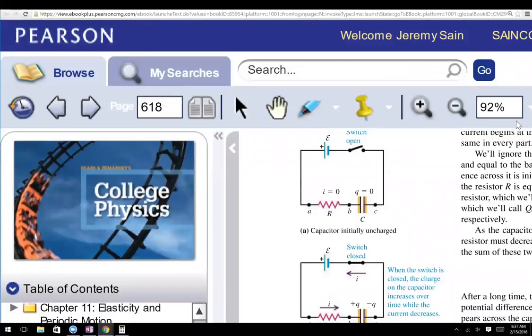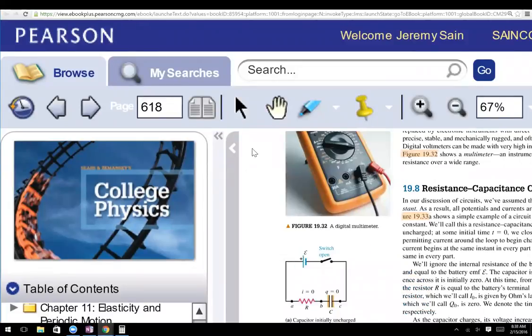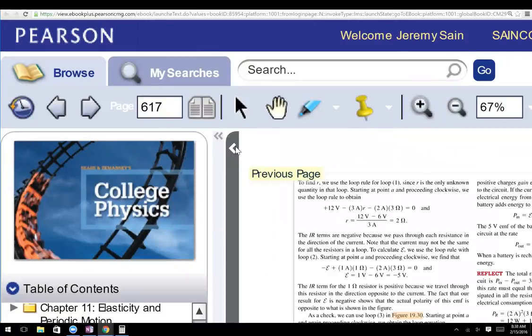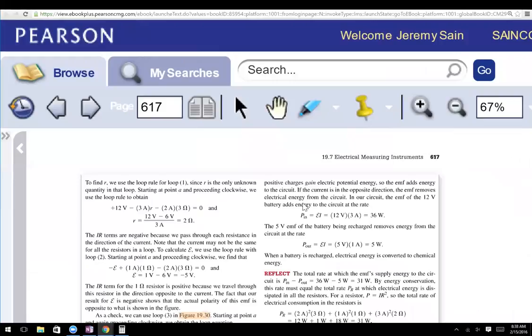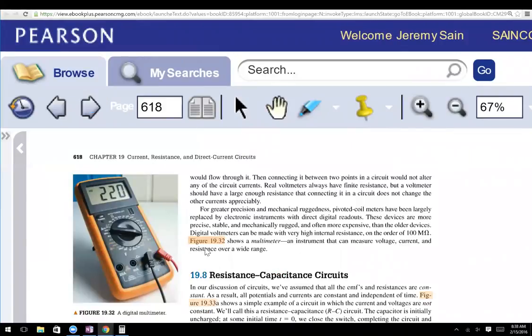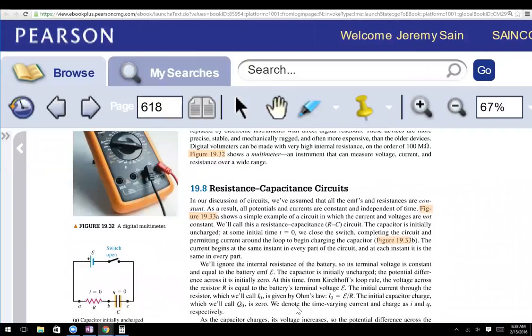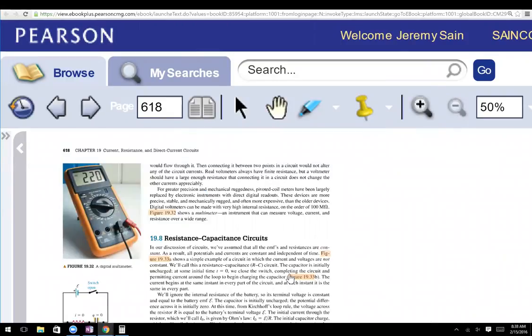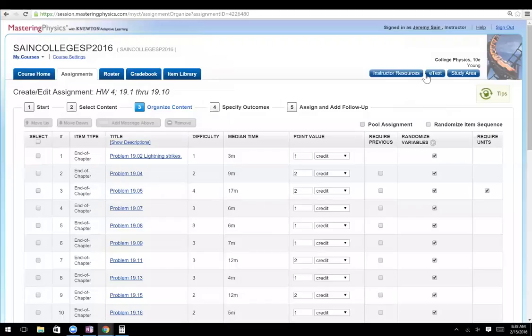Let's make it regular size again. Let's get rid of that. Now, for some reason, I can't get the thing to scroll down at all. Why is it doing that? Okay, I'm going to try just closing it and opening it again.